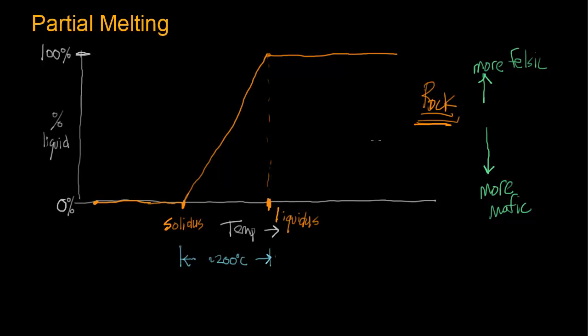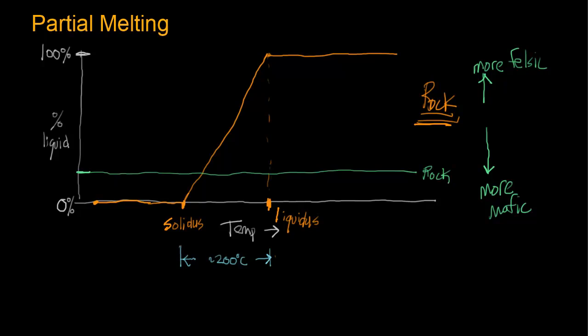I can then show how the composition of the liquid is going to change during this process of partial melting. For reference, let me first put on here the composition of the original rock. This horizontal line represents the composition of the original rock, whatever it is on the mafic to felsic continuum scale.